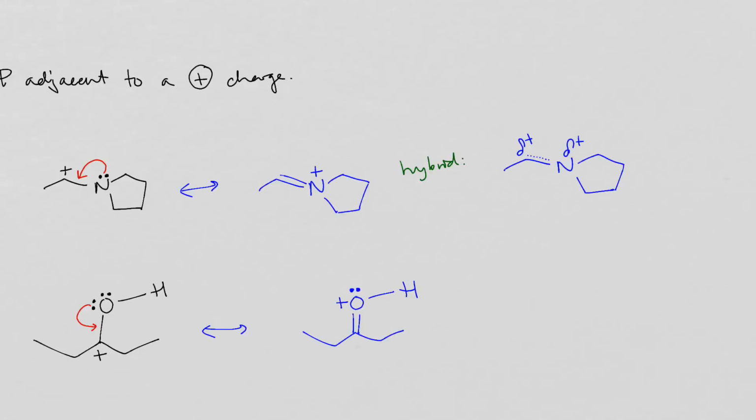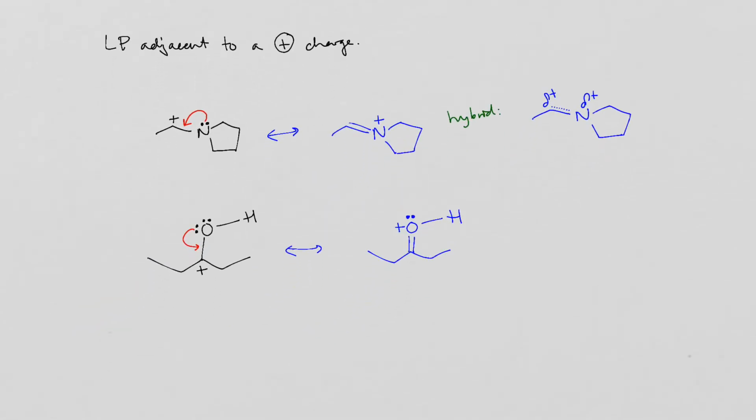Let's go on to the last type of scenario that's going to give rise to resonance for us. And it is called a pi bond between two atoms of differing electronegativity. So it's basically the opposite of the situation we just had above. By above, I mean on the last page, because I thought I was doing this lower on the page, but I was not.